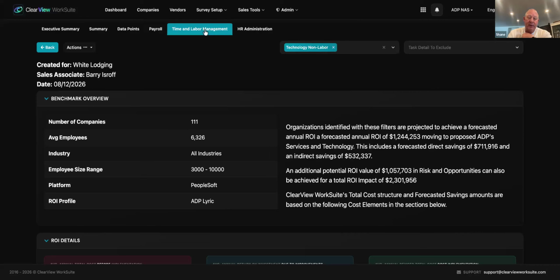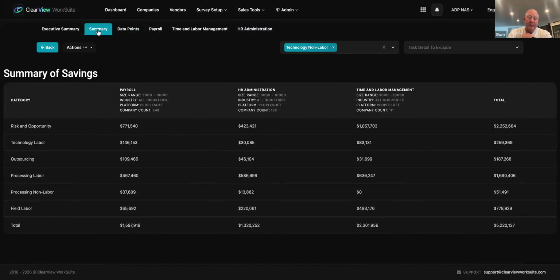For time and labor, we had 111, and for HR, 198. We'll have a summary over here that gives us the savings, a total of $5 million per year across these three platforms in terms of the ROI opportunity.